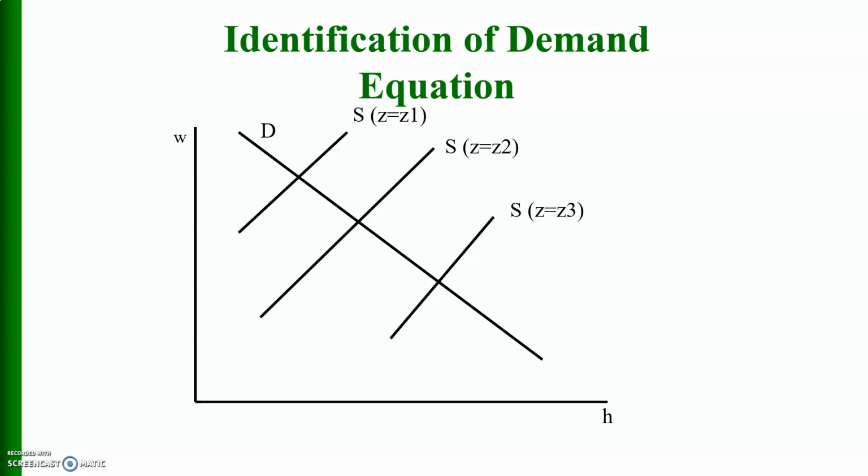The first one is with Z equal to Z1, and when Z shifts from Z1 to Z2, the supply curve shifts from this curve to this one, and similarly when Z increases to Z3, then the supply curve shifts. So supply increases, but the demand curve remains the same.